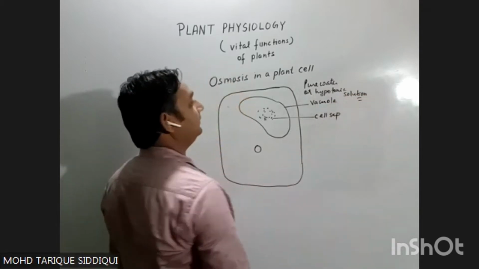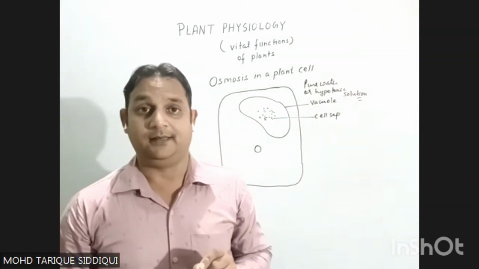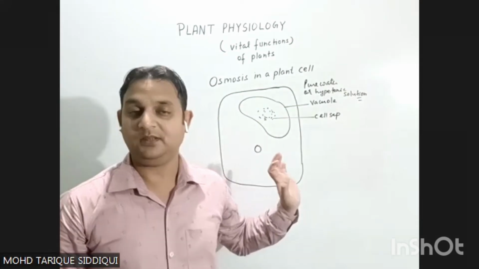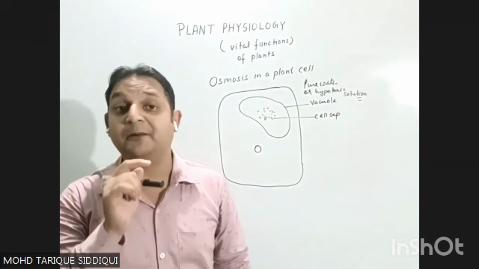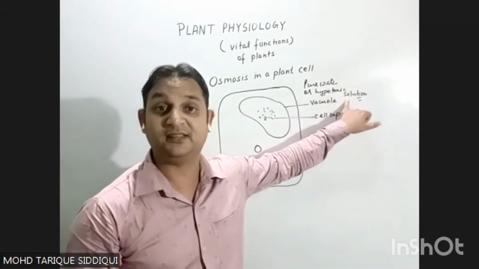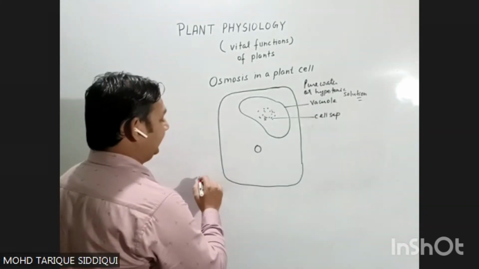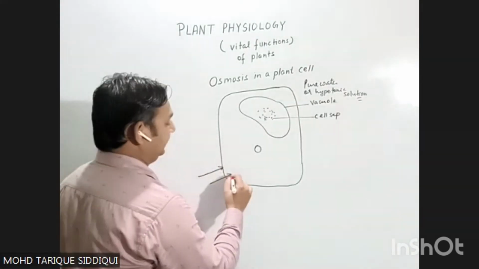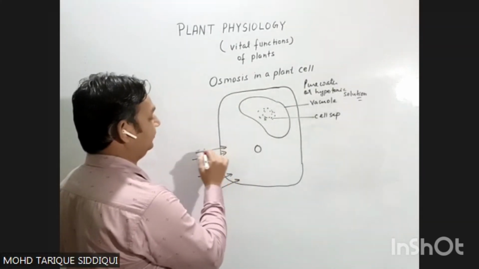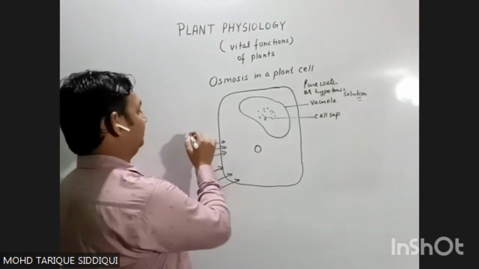Write a few lines here. When a plant cell is placed in pure water or hypotonic solution, then water enters into the plant cell by endosmosis.